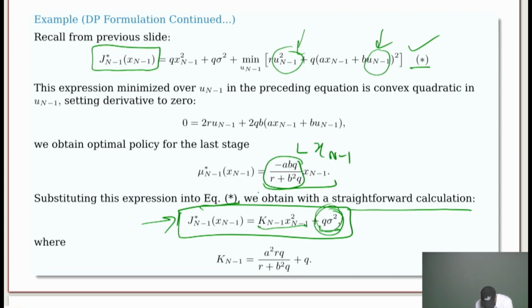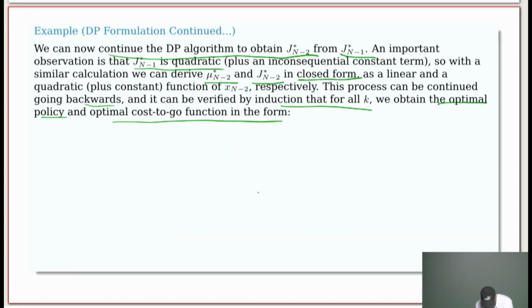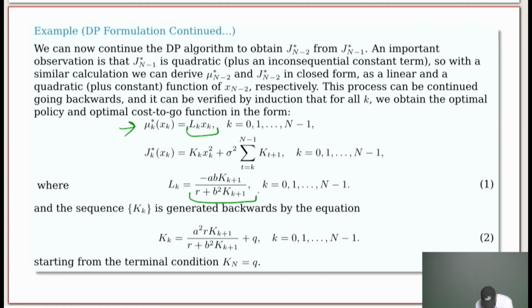This is our L here, minus ABQ by R plus B square Q, assuming that Kn is defined to be Q. If we take Kn to be Q, then the Q will keep changing.